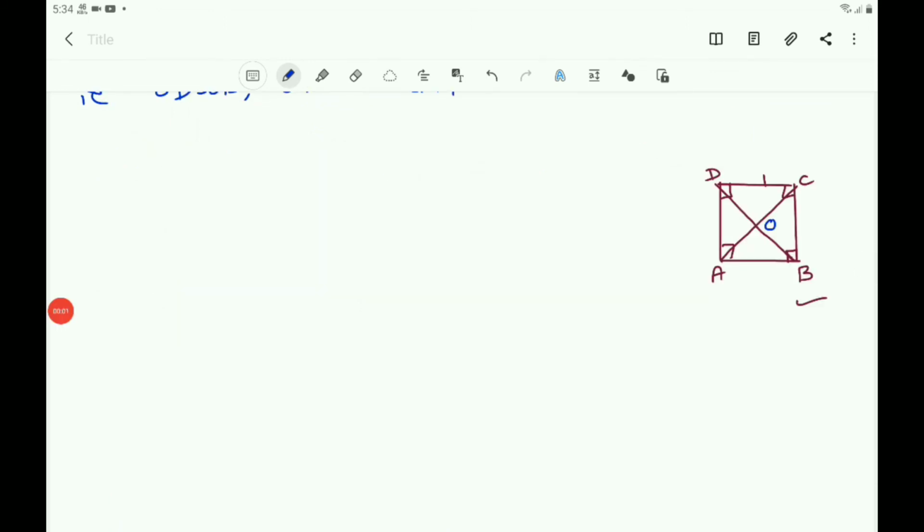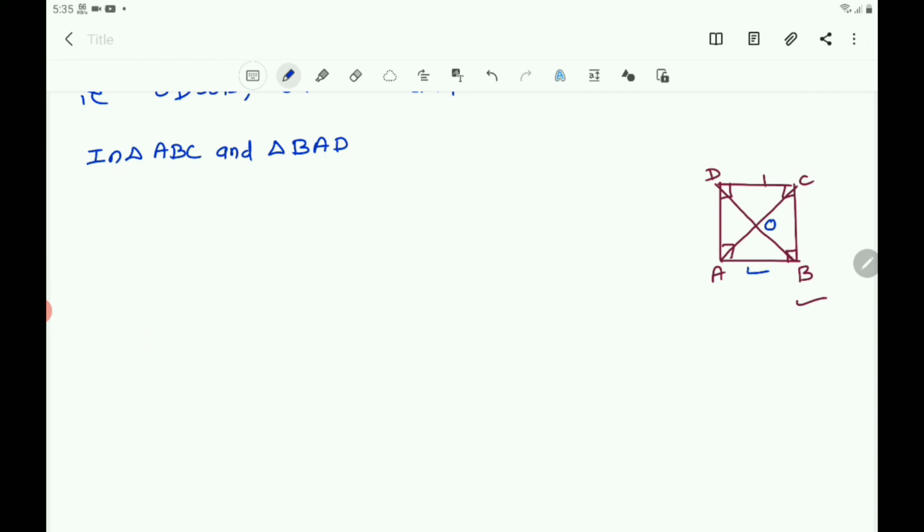To prove the first part, that the diagonals are equal, that is, to prove AC equals BD, you take triangle ABD and triangle ABC. Right? In triangle ABC and triangle BAD, they are triangles on the same base AB.